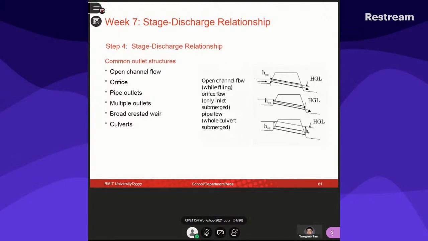The stage and discharge relationship. There are different kinds of outlet structures. They could be open channel, orifice, pipe, or we can use multiple outlets, means combinations of pipe and, for example, the weir, and also the broad crested weir.